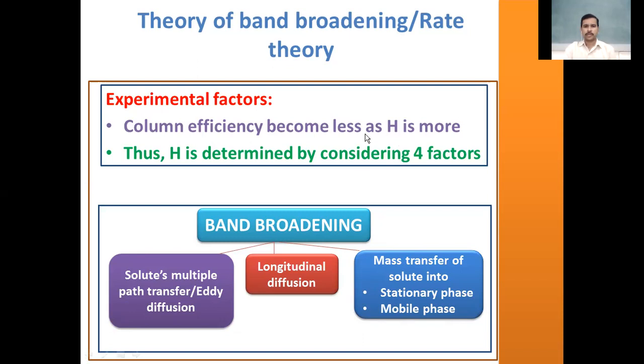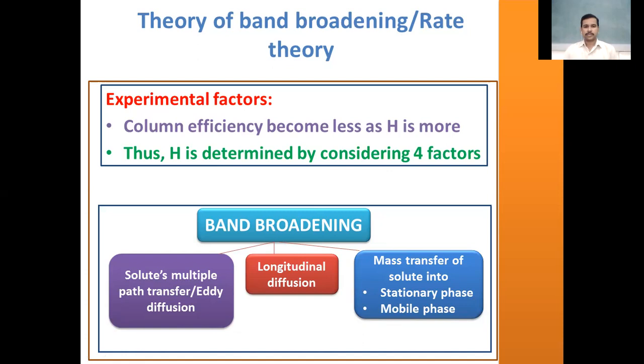So this lower column efficiency or band broadening is determined by considering four factors. What are those four factors? The lower value of N, or higher value of H, is determined by considering four factors. Band broadening is explained by several theories.